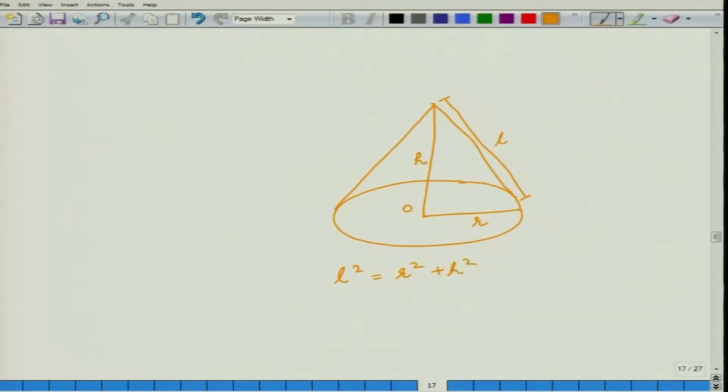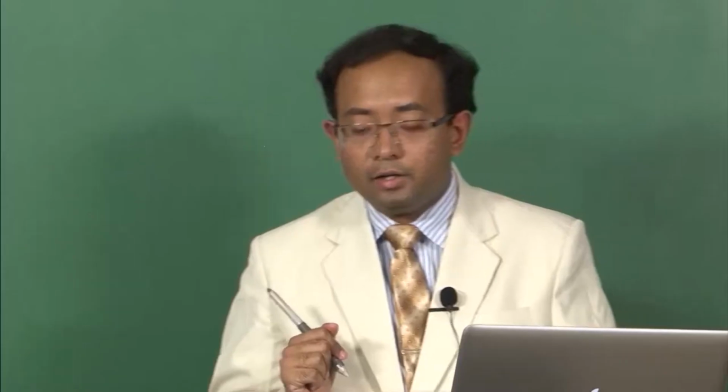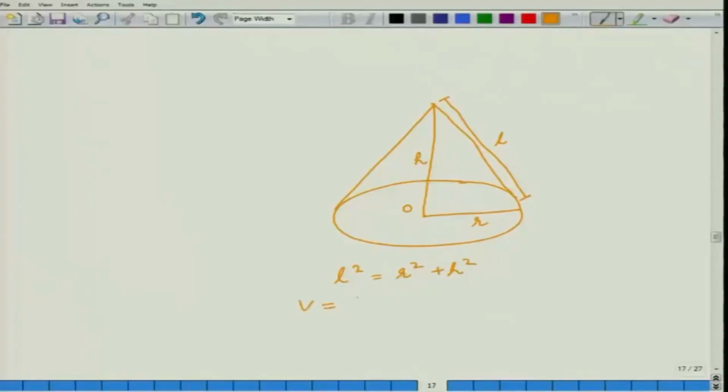The volume of a cone is given by 1/3 of the volume of a cylinder of similar radius and similar height. So, the volume would be given by 1/3 pi r square h. The lateral surface area is given by pi r L, and the area of the end, because it is a circle, is given by the end surface area equals pi r square.